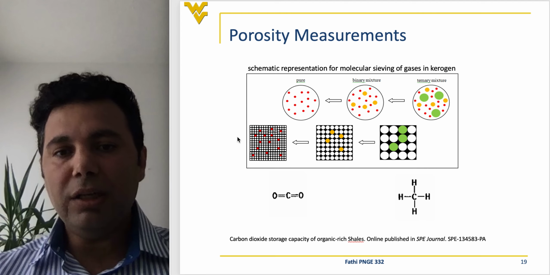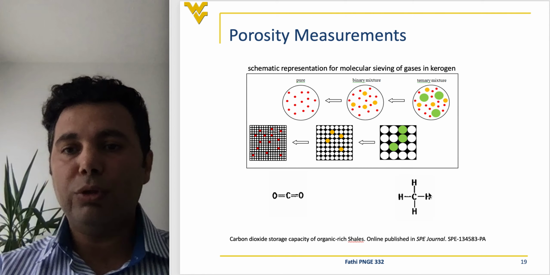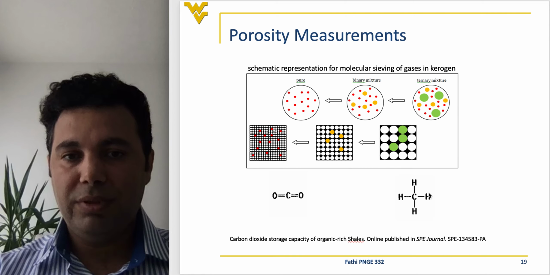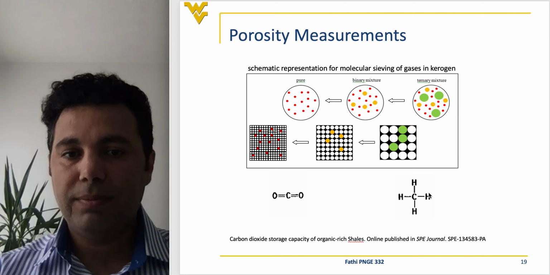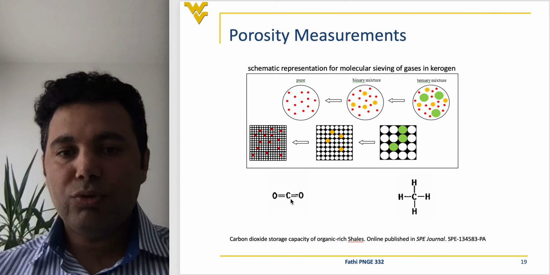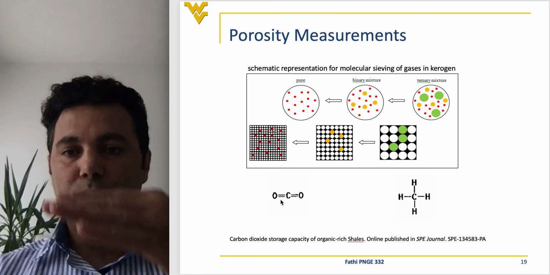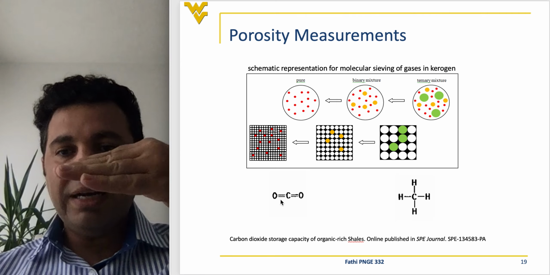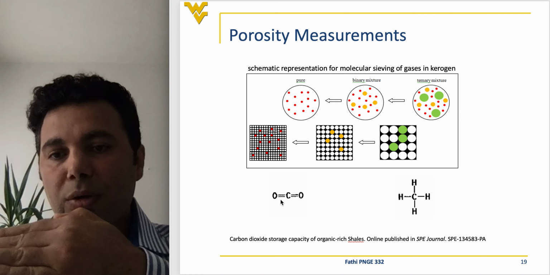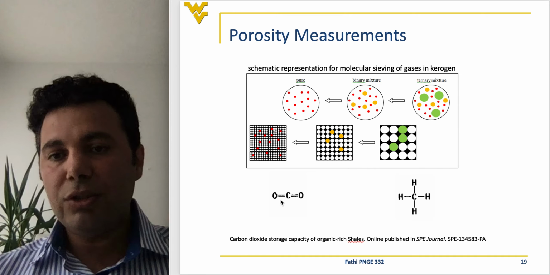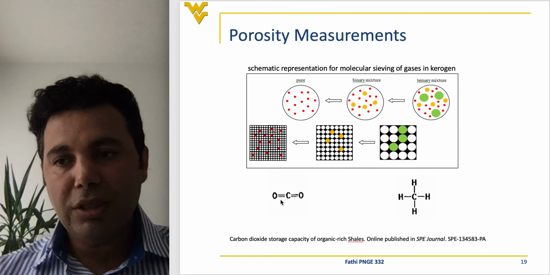Or if you use helium, you measure very, very small pores which are not available for methane, and you are going to overestimate your gas in place. Or if you have a structure like CO2, which is more of a planar structure, this planar structure can get into the small pores, while a structure like pyramids cannot.